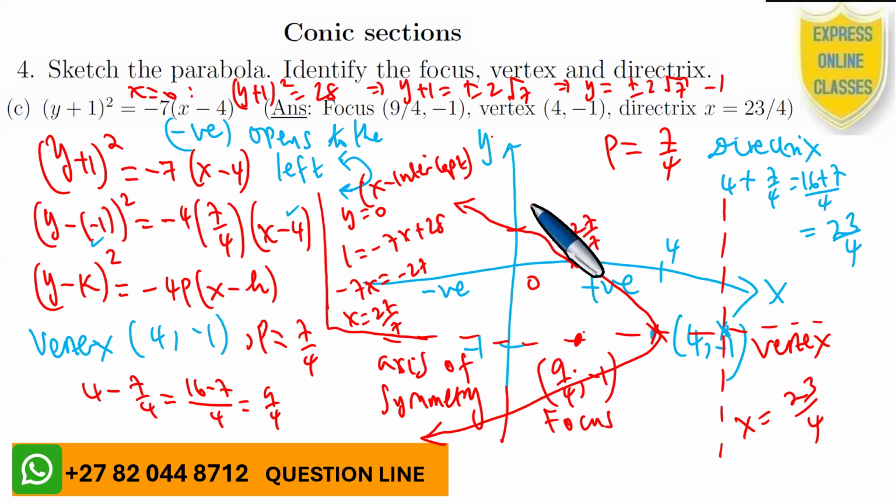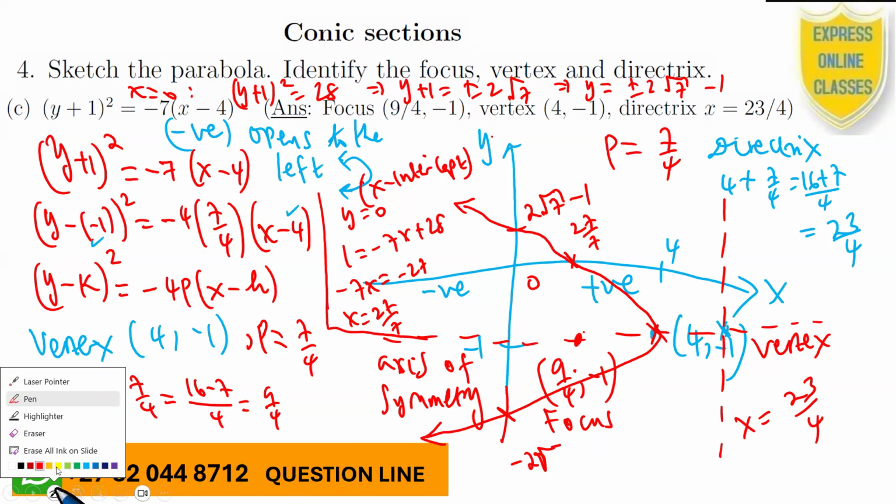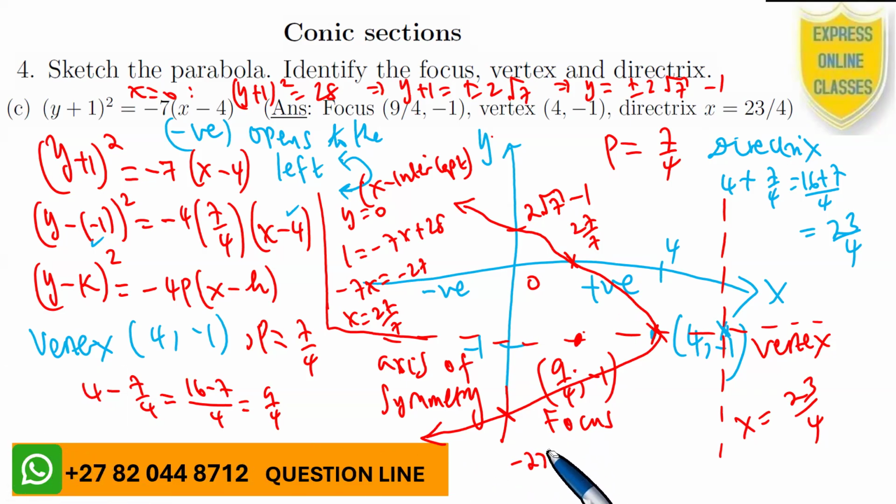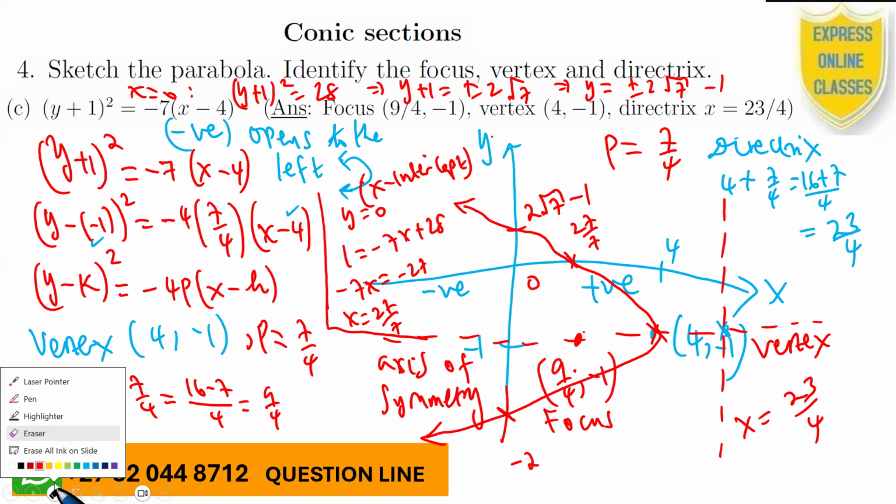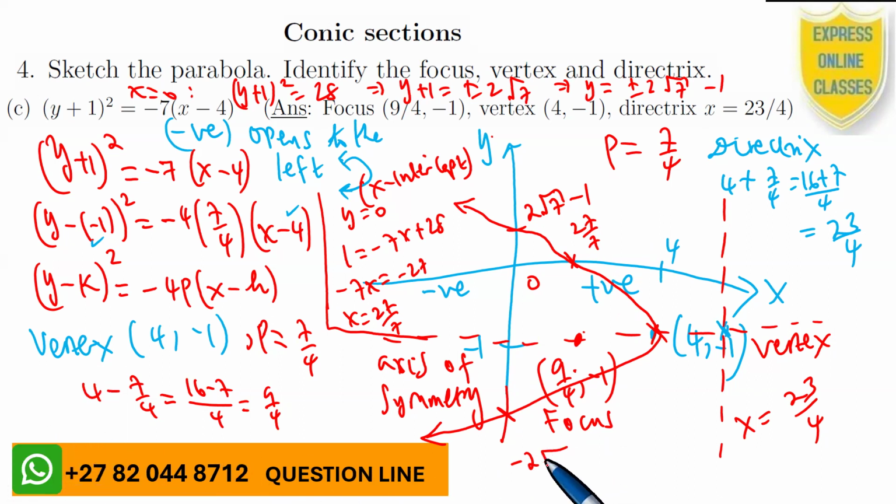So this one is 2 square root of 7 minus 1. And then there's going to be another one at the bottom, minus 2 square root of 7 minus 1. Okay, these would give us the y-intercepts.